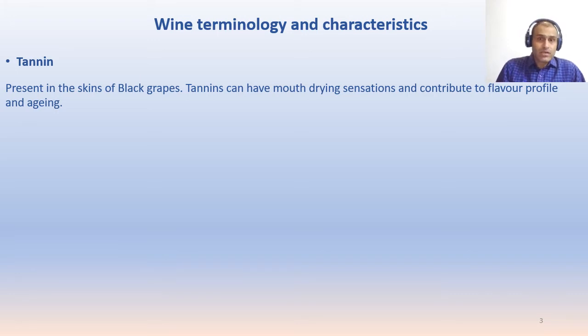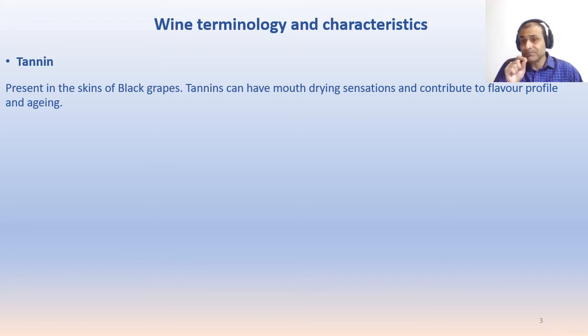It's a very important component of red wines, because it acts not just as a backbone for the flavor profile, but also contributes very importantly to the aging of the wine.